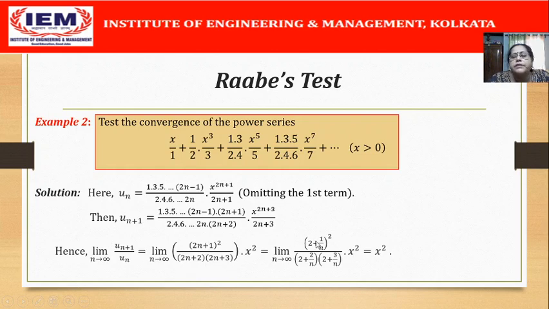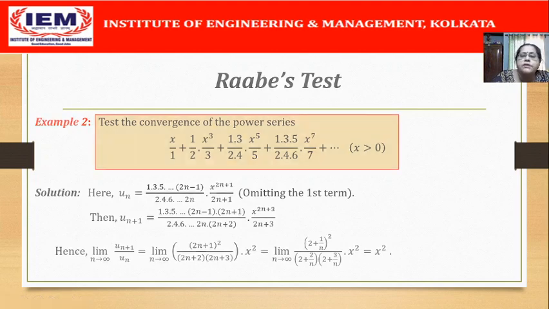Again, if we take out the n square term from numerator and denominator, it gives us (2 plus 1 by n) whole square divided by (2 plus 2 by n)(2 plus 3 by n), multiplied with x square. As n tends to infinity, 1 by n, 2 by n, 3 by n, they all tend to 0. So this term actually gives us 1. So finally the value of the limit is x square.